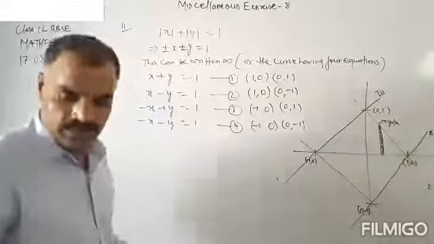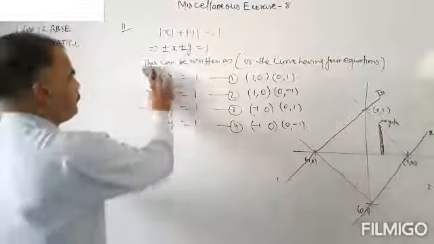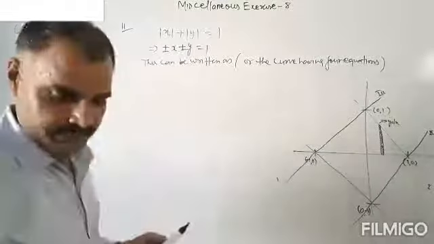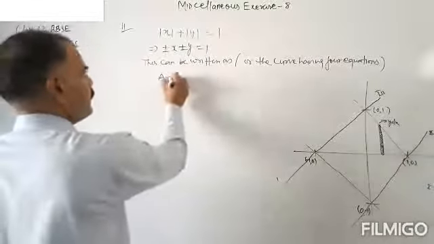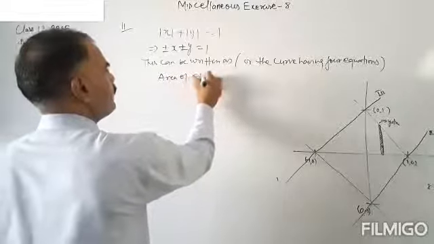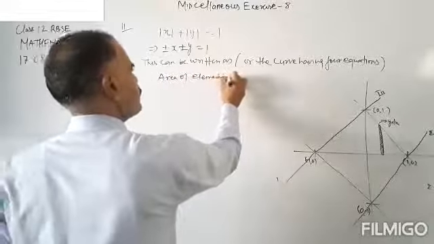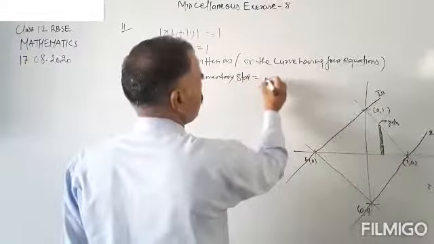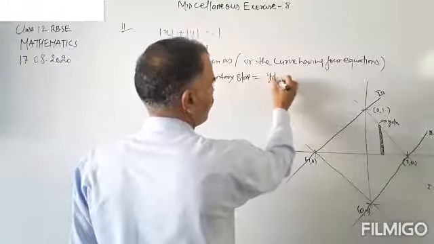Let us take a vertical strip of length y and width dx. So the area of the elementary strip is equal to y dx.